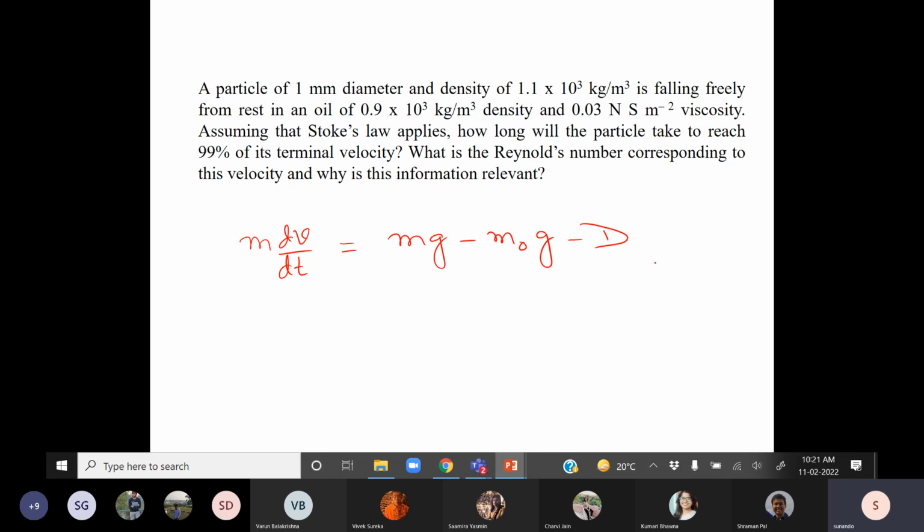You have seen the application of this in the case of the rotameter in fluid mechanics. The rotameter looks something like this: there is a tapered tube and a float. The flow is from here. The float has higher density than that of the liquid, so in the absence of any flow, the float would settle at the bottom.